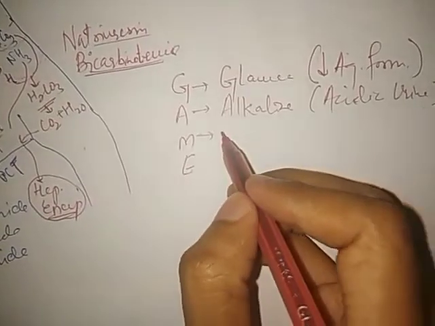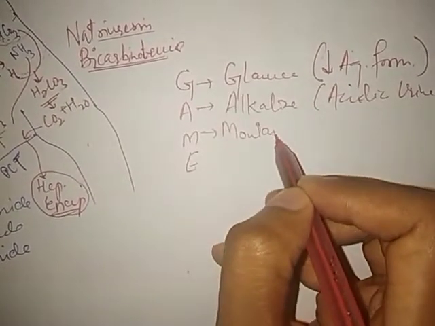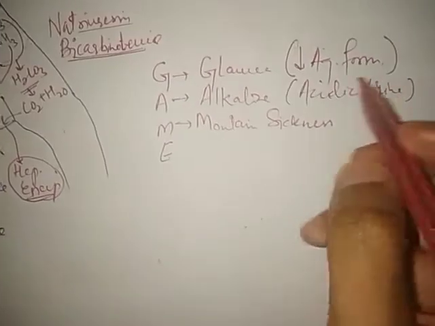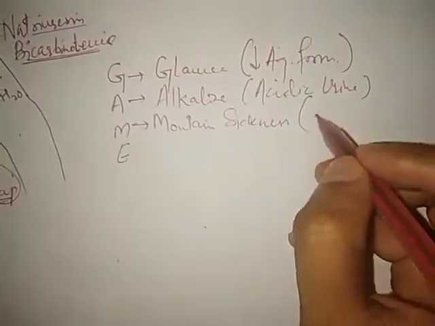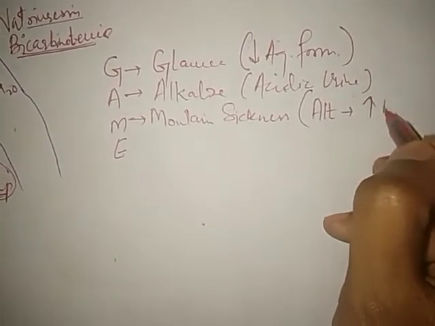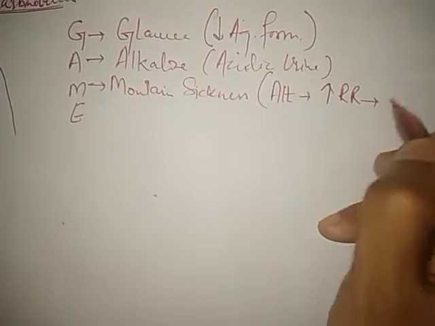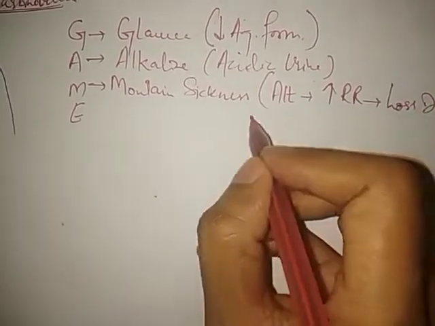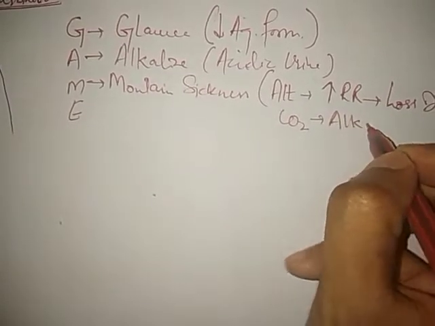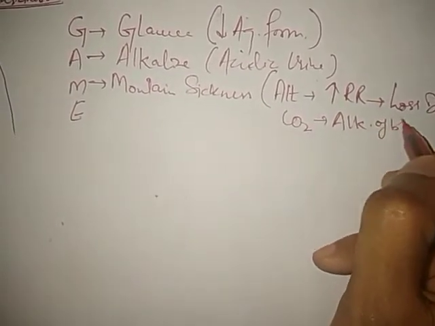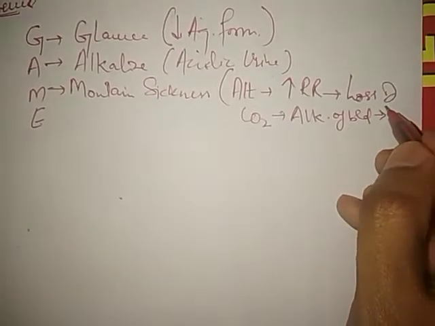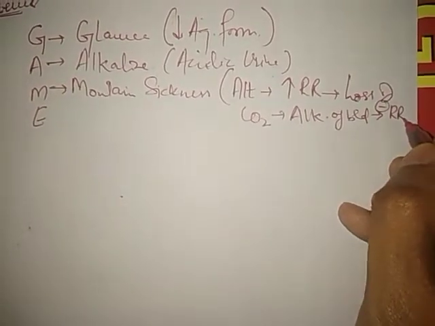Also in mountain sickness we use it. Why? Because the patient living in high altitude has an increased respiratory rate, because of which there is loss of CO2, and there will be alkalinization of the blood, and that is a bad stimulus that inhibits the respiration, which is bad.